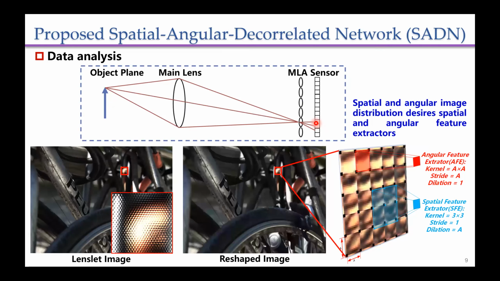This is a typical image captured by the Lytro Illum camera. You can see that first, these micro images are arranged in a hexagonal grid. That is because of fully using the sensor.